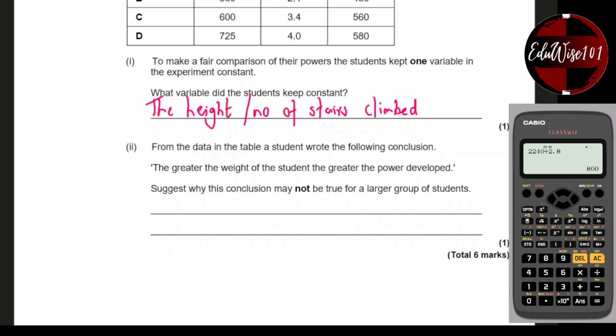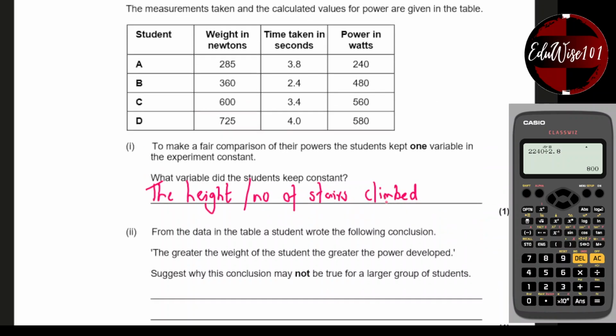From the data in the table, a student wrote the following conclusion. The greater the weight of the person, the greater the power developed. Suggest why this conclusion may not be true for a larger number of groups. Now, when the weight in newtons is increasing, what is happening to the power? That is increasing, yes. But if that person takes less or more time, then that's going to affect it.